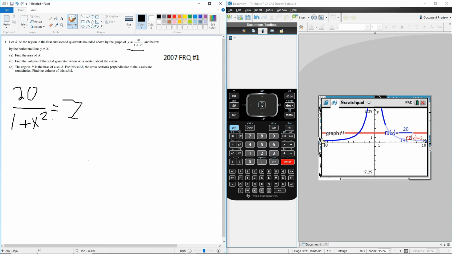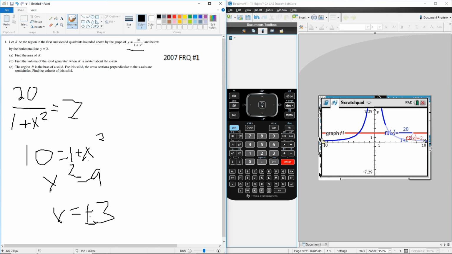We can divide both sides by 2, multiply this out of the denominator, and get 10 equals 1 plus x squared. X squared equals 9. X equals plus or minus 3. So that means that this point and this point are going to be -3 and 3 respectively, and those are going to be the lower and upper bounds of our integral.